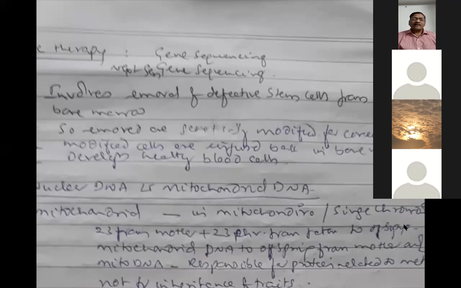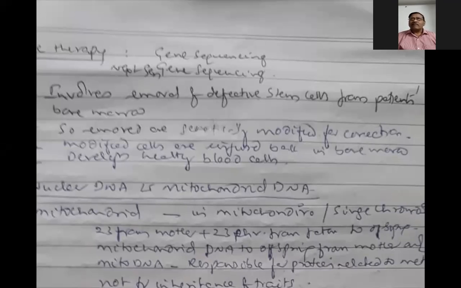There is another kind of DNA also available in the human body, that is called mitochondrial DNA. Don't get confused. Mitochondrial DNA, unlike nuclear DNA, has only a single chromosome.